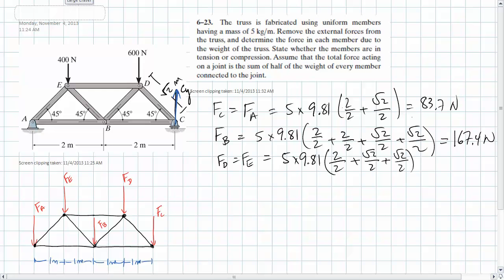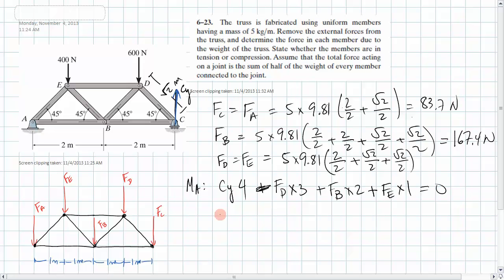And so for Cy, we start with the moments about A. The moments about A are Cy times 4, and then the moments due to each one of these, minus FD times 3 plus FB times 2 plus FE times 1, and that is equal to 0.